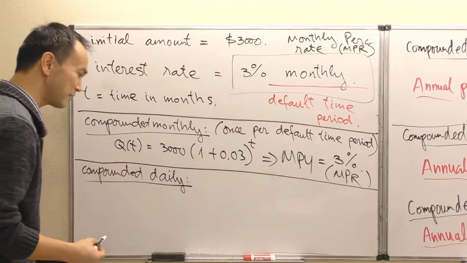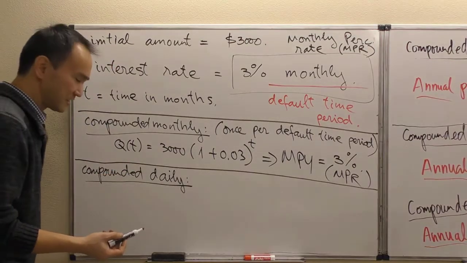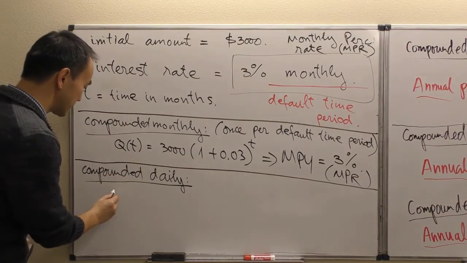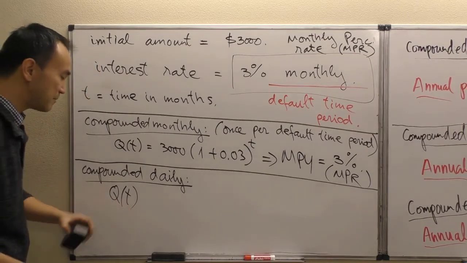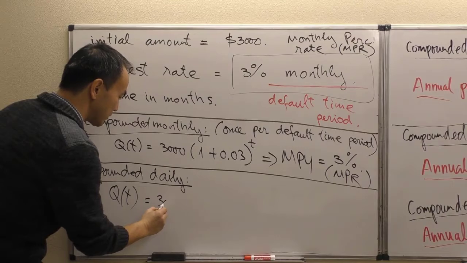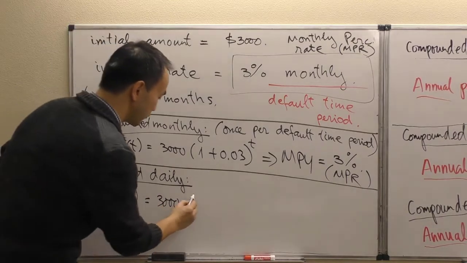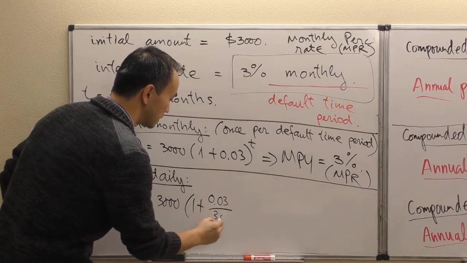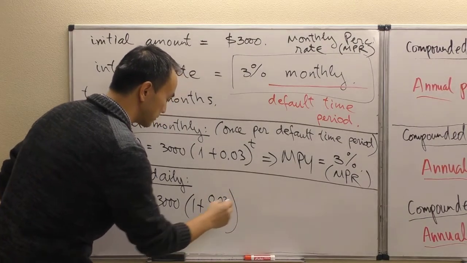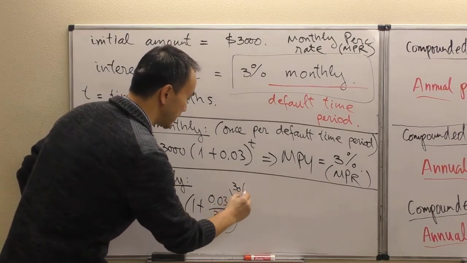So now, compounding the interest daily, I'm looking at any month, in any t months. 3,000 initially, and we go with 1 plus 0.03 divided by 30, and then raising that to the power 30t.